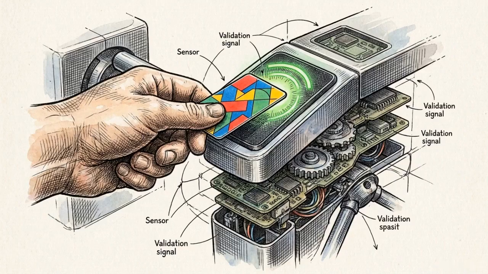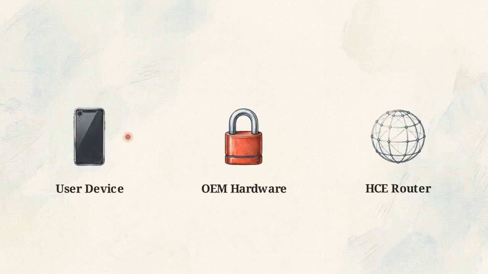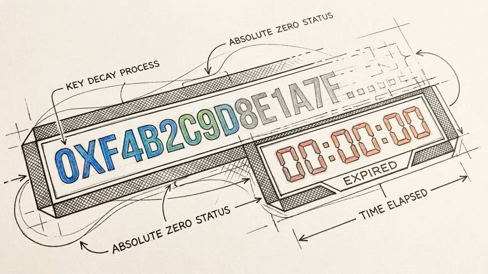Now, contrast that with a product team launching a closed-loop transit app or a regional gift card wallet. For them, getting the app onto as many mobile devices as possible is paramount. That team should lean heavily into host card emulation. You bypass OEM hardware restrictions, accepting the operational burden of managing session key expiration and robust cloud tokenization.